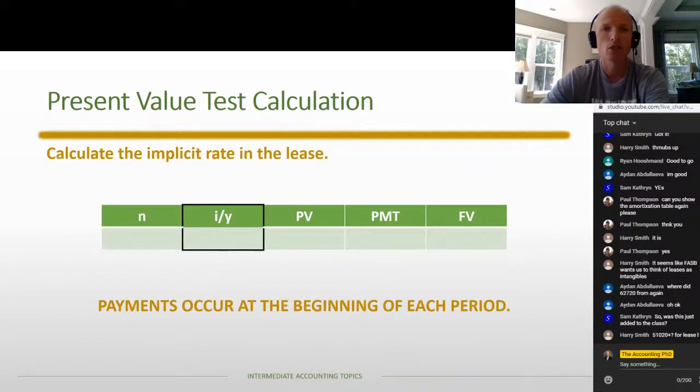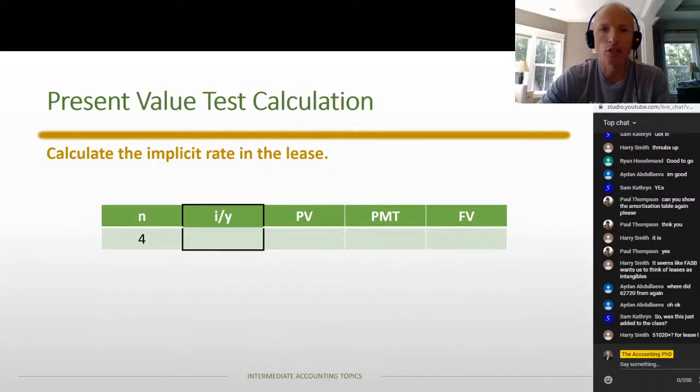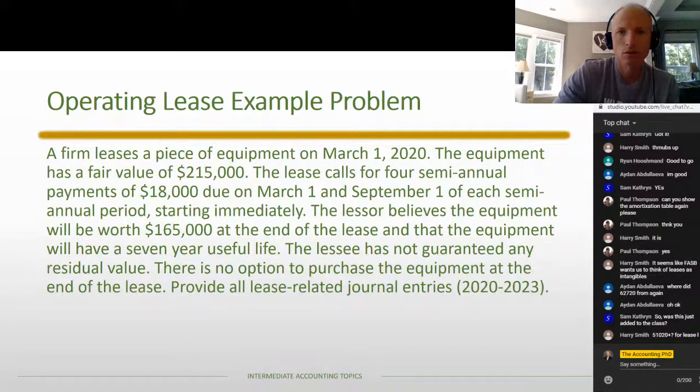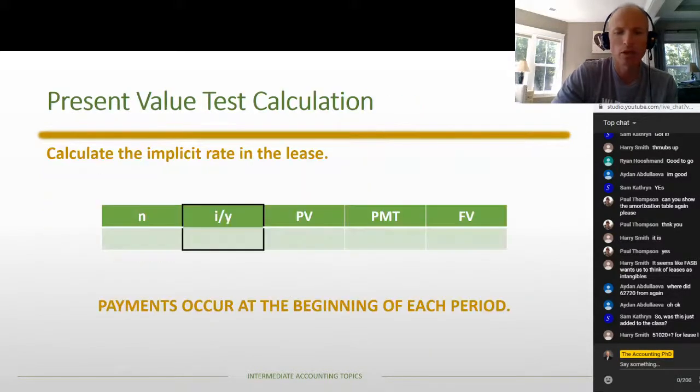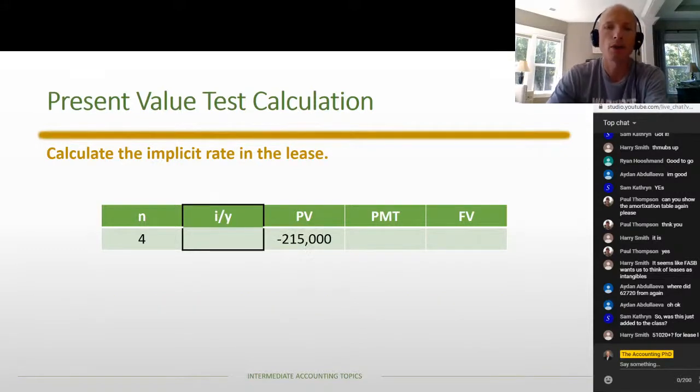So again, we start with calculating the implicit rate in the lease, noting that of course payments are happening at the beginning of each period. Our N is 4. 4 semi-annual periods? Yeah, 4 semi-annual periods. I think before I'd said 3. I'm sorry about that. The present value of the asset is $215,000.